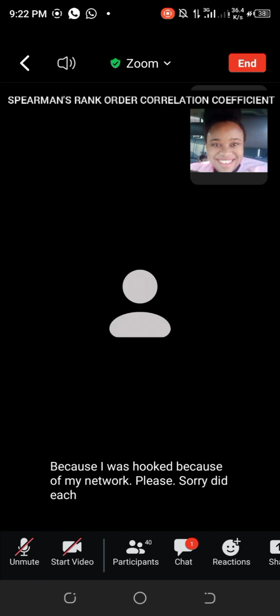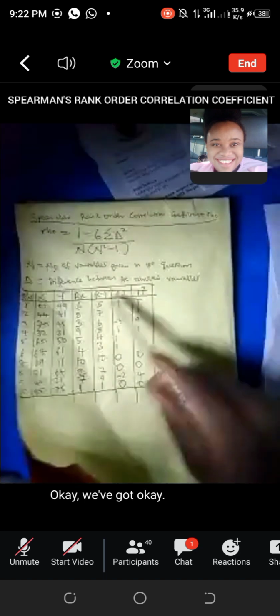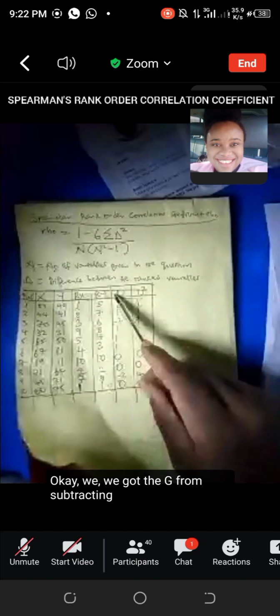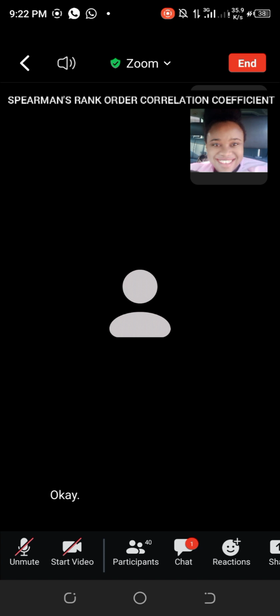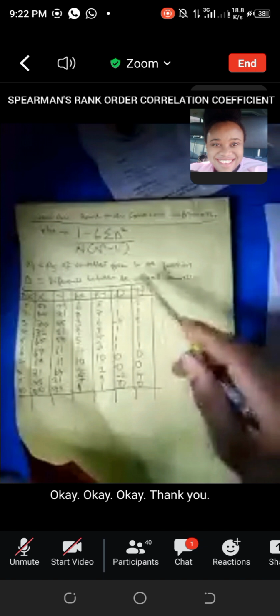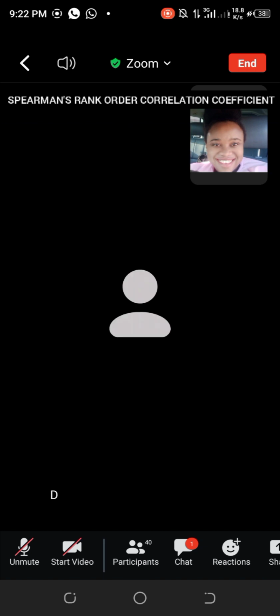D square. So we got the D from subtracting Rx and Ry. That's how we got D. Then after we got the values of D, we now square them. So when we square them, this is what we get.